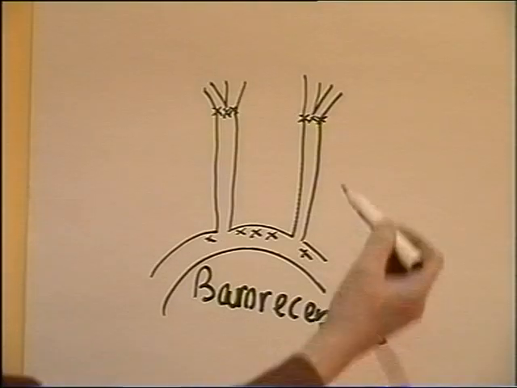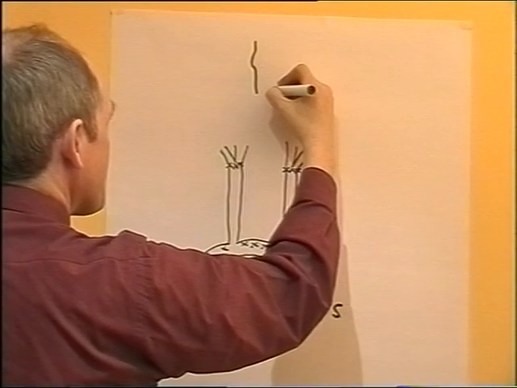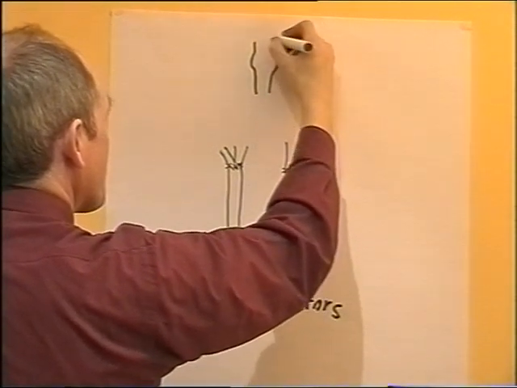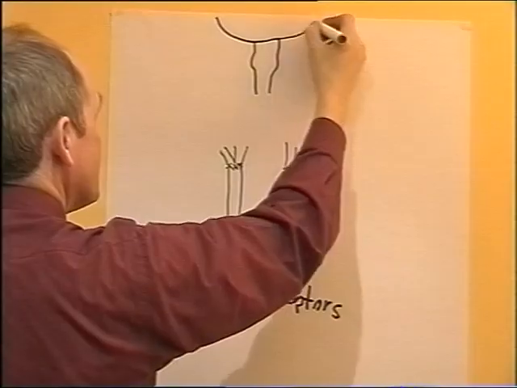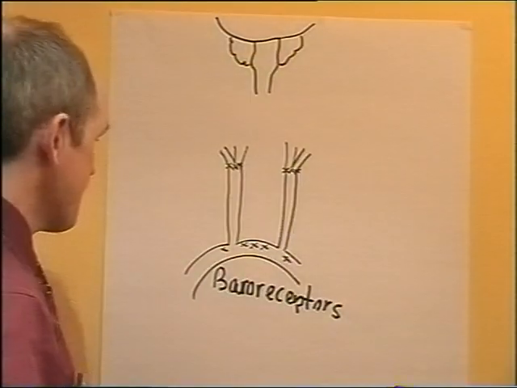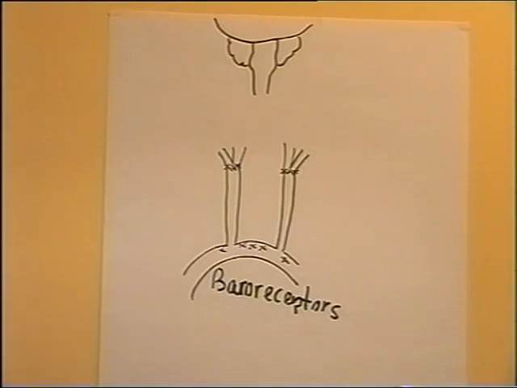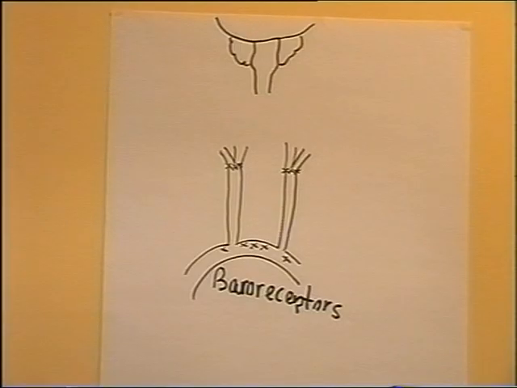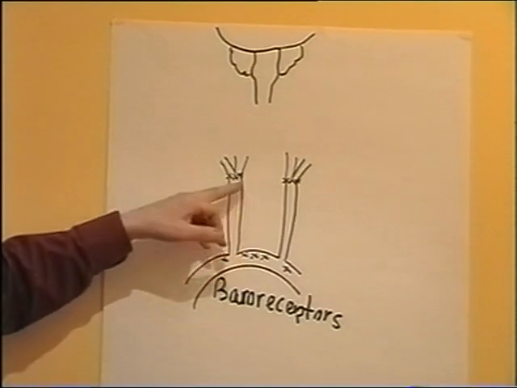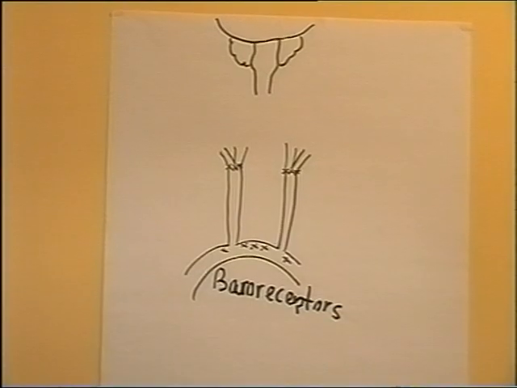Now further up here we've got the brainstem. There's the brain on top of it and the cerebellum behind. Now there need to be connections between these baroreceptors and the brainstem.